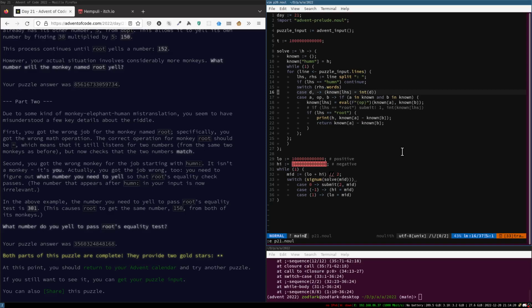And so, assuming that the rational function formed by the subtraction of the two rational functions that feed into root is monotonic, we binary search on it to find the hopefully unique value of UMN that makes them equal. That is, makes their difference equal to 0. So you just check whether this thing is positive or negative, and you have your solution in log of these numbers, so that's not too slow.